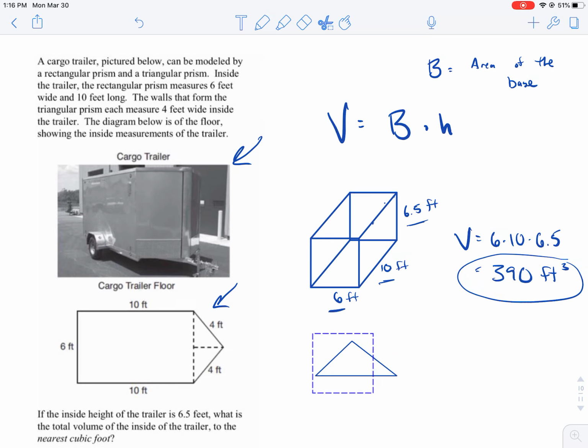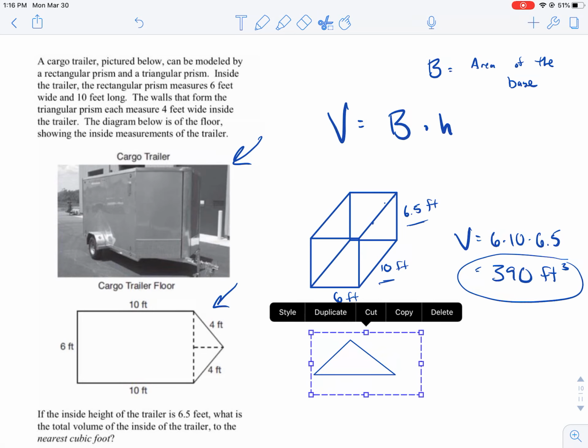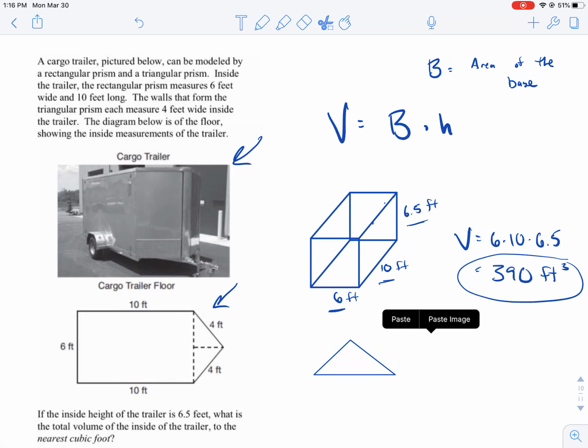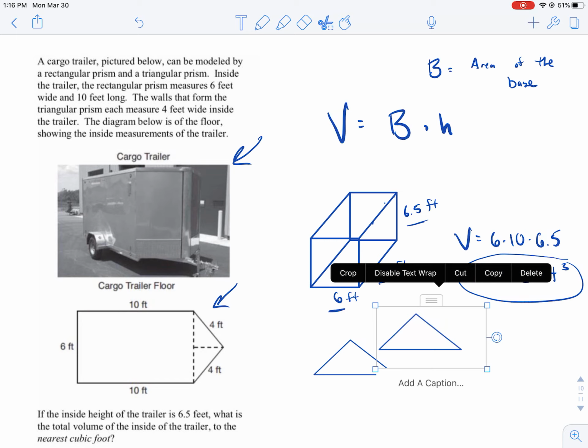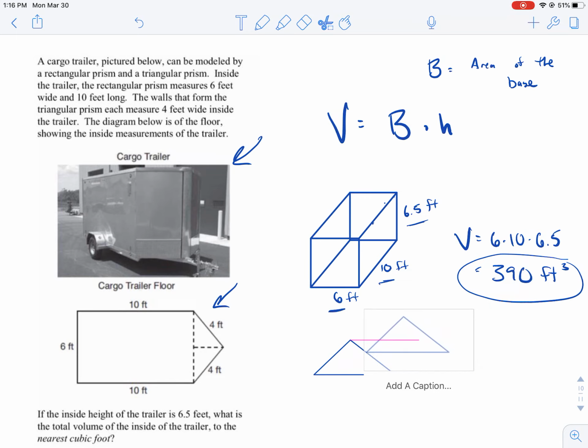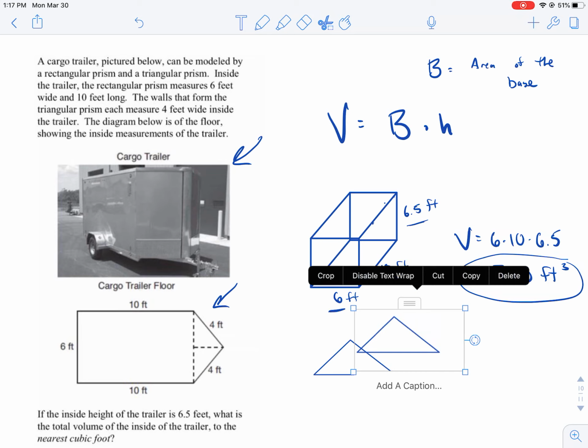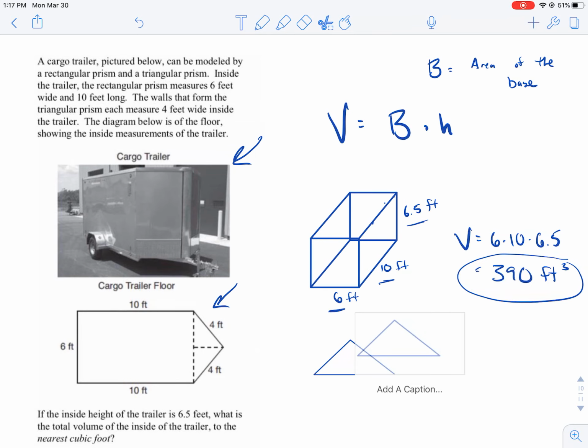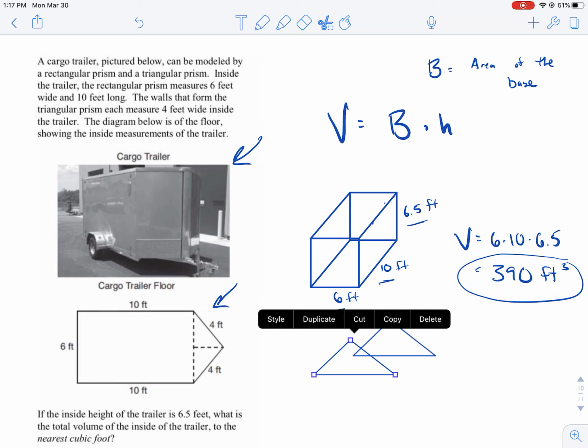Okay, so I'm going to kind of cheat here. Look at that. Well, move over just a little bit. Perfect.